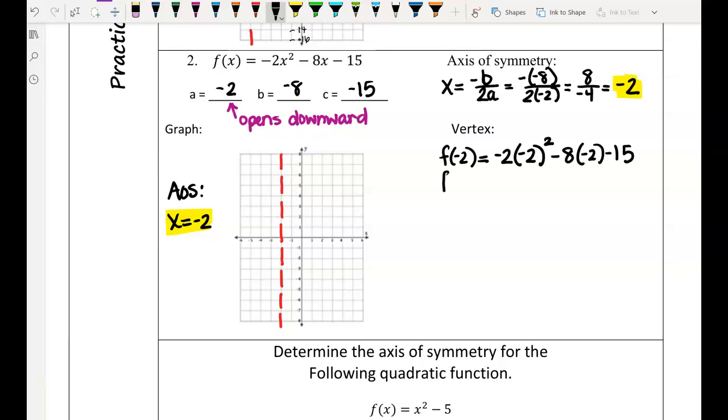So we get f of negative 2 equals negative 2 times positive 4, because negative 2 squared means negative 2 times negative 2, which is positive 4. Negative 8 times negative 2 is plus 16 minus 15.